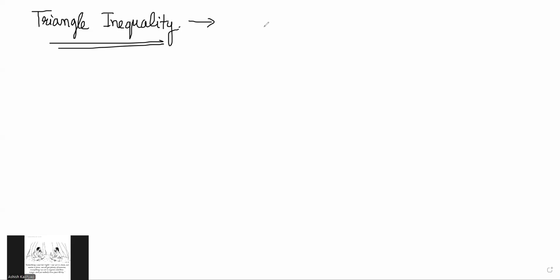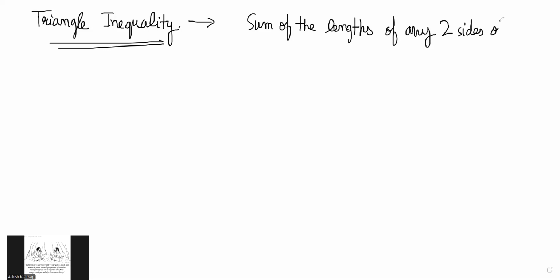What is triangle inequality? The sum of the lengths of any two sides of a triangle is always greater than the third side.